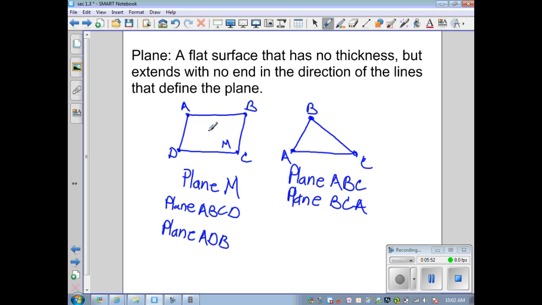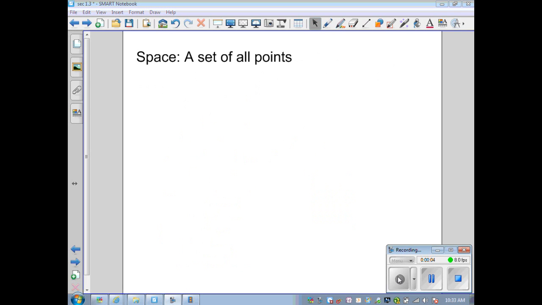Again, I didn't cross over because I didn't name C as the last point. And I could have multiple ways of naming this with 3 letters. I'll give you one more example. Here I could have named D, C, B. In each case, each one of these representations is identifying plane M.